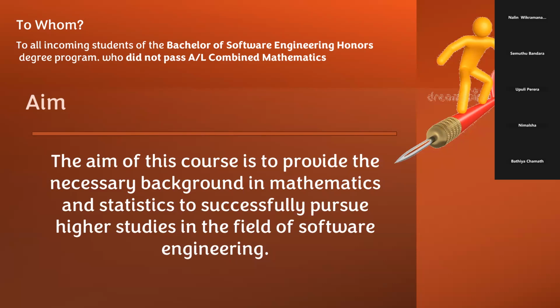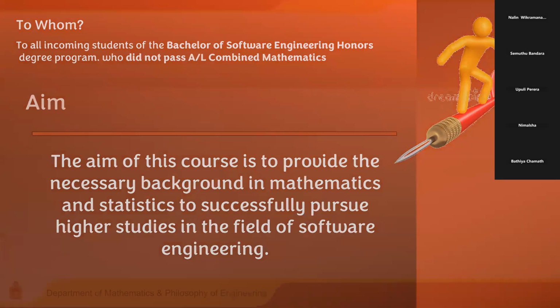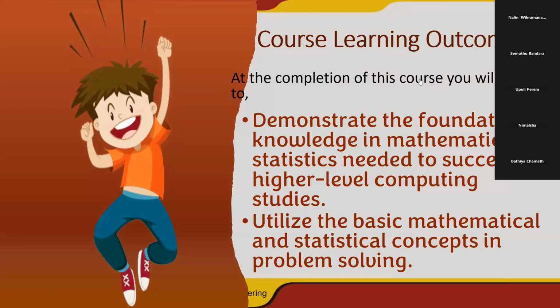The course learning outcomes are to demonstrate the foundational knowledge in mathematics and statistics needed to succeed in high-level computing studies, and to utilize basic mathematical and statistical concepts in problem solving. These are the 2 learning outcomes.